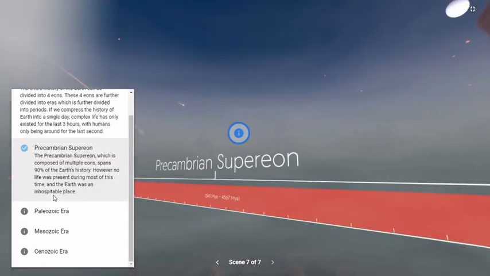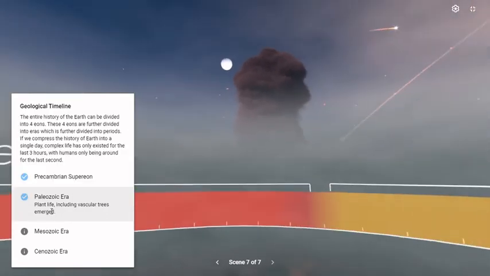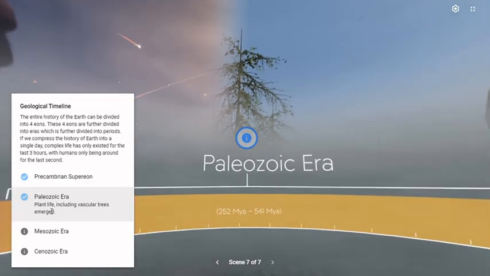Well, let's start with the Precambrian supereon, which is composed of multiple eons and spans 90% of the Earth's history. However, no life was present during most of this time, and the Earth was an inhospitable place. Paleozoic era. In the Paleozoic era, plant life, including vascular trees, emerged.